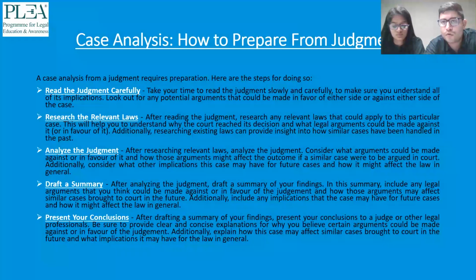Because, of course, both sides will make their arguments strongly, both sides will have their judgments ready. But that particular judgment you are reading has a decision at the end where only one of those things has been ruled as correct. So, therefore, if you're citing that judgment, you cannot use the precedents which have been made reference to by the counsel that has actually lost that case, because then that judgment has held against those arguments. So, that has to be kept in mind while you're analyzing the judgment and researching relevant laws.